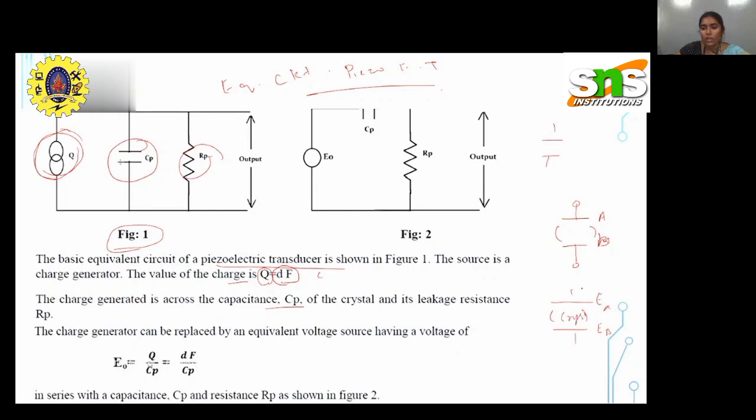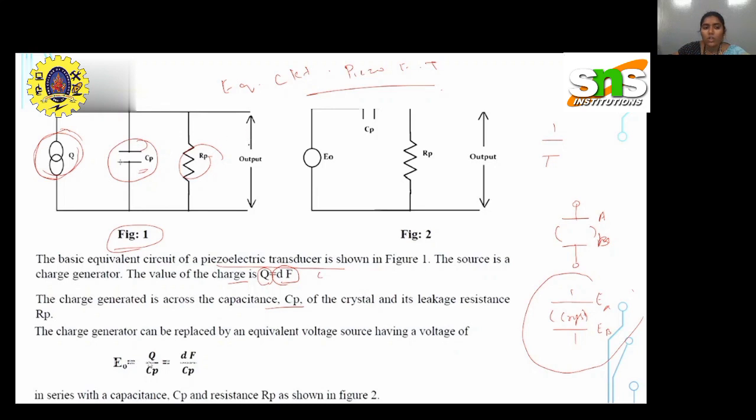So it is almost similar to your capacitor model. The charge is created across the surface of the crystal, so that's why this crystal setup is replaced by the capacitance, and you have some leakage resistance that we have added as Rp.